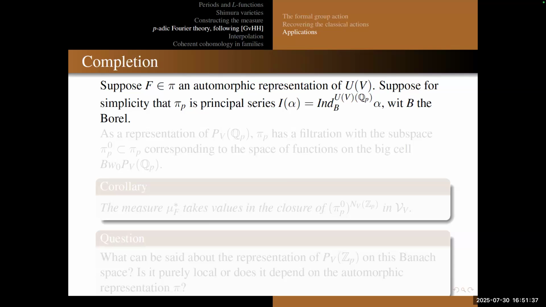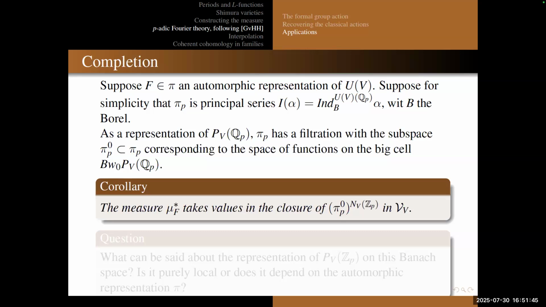So let's suppose that pi_p is a principal series for your original automorphic representation. Some induced character from the Borel. So as a representation of this maximal parabolic, it has a filtration with the subspace pi_p^0 corresponding to the space of functions. So an induced representation, a principal series representation, is induced from the Borel.